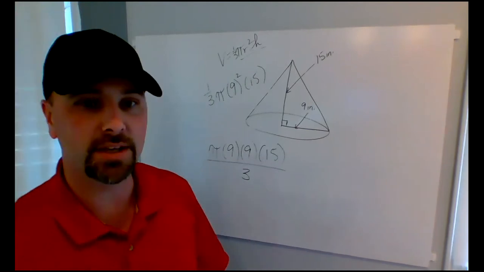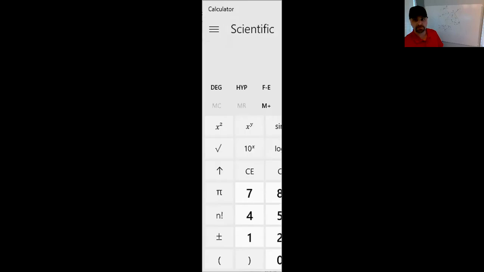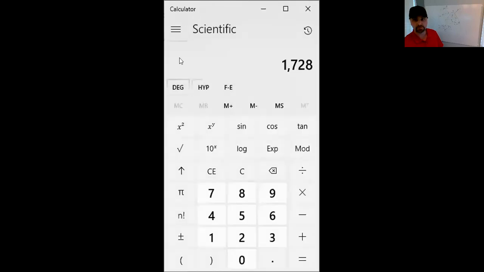So you can watch my keystrokes on my calculator. So here's my calculator. Clear. So pi times r squared, 9 times 9, times, no, start over. Clear.